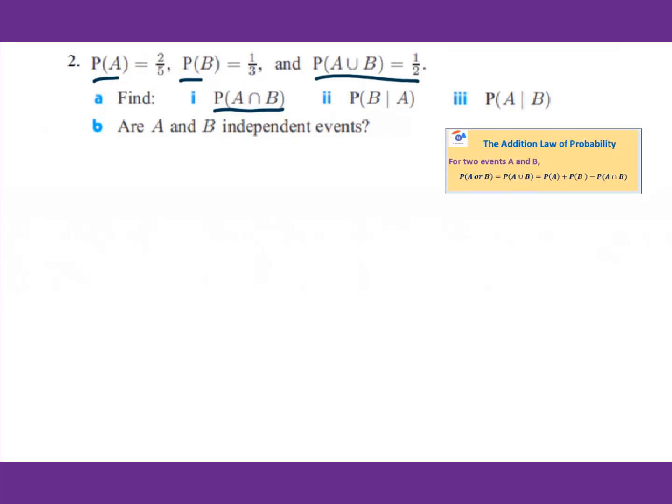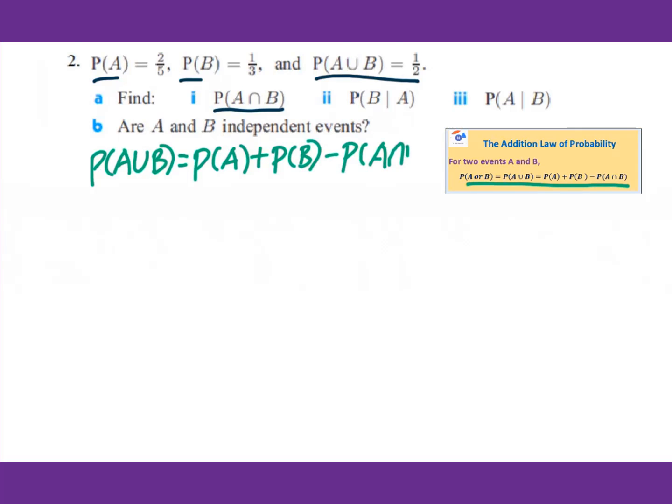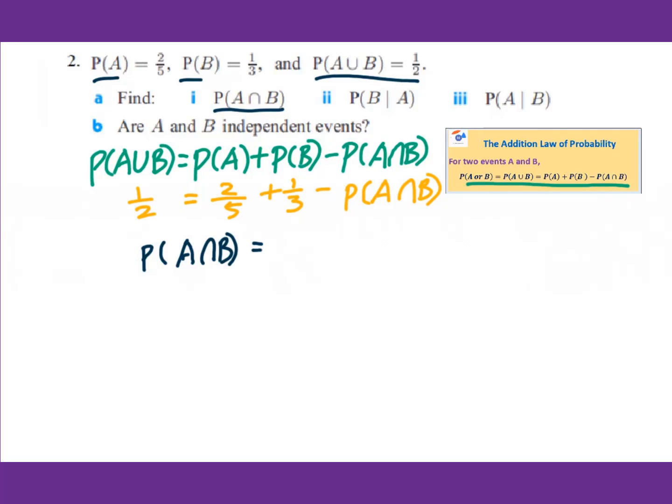Still use this addition law of probabilities. So we have the probability of A or B equals the probability of A plus the probability of B minus the probability of A and B. Plug in: 1/2 equals 2 over 5 plus 1 over 3 minus the probability of A and B. So the probability of A and B equals 2 over 5 plus 1 over 3 minus 1 over 2.